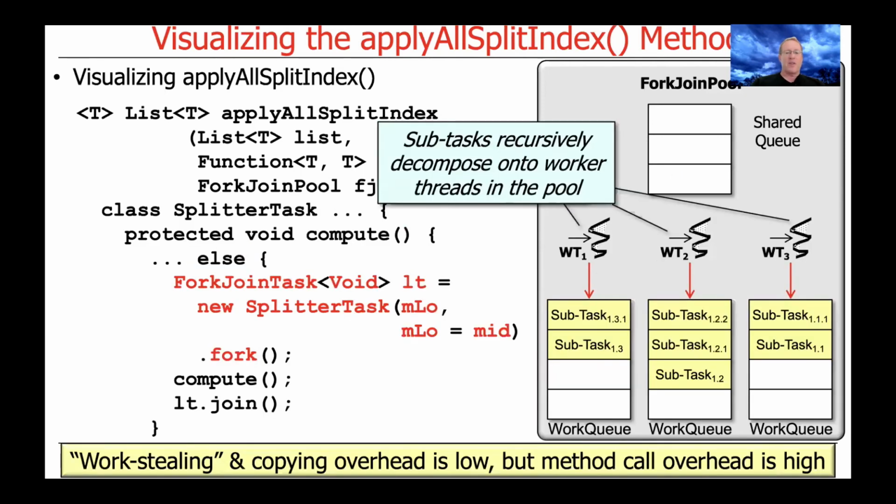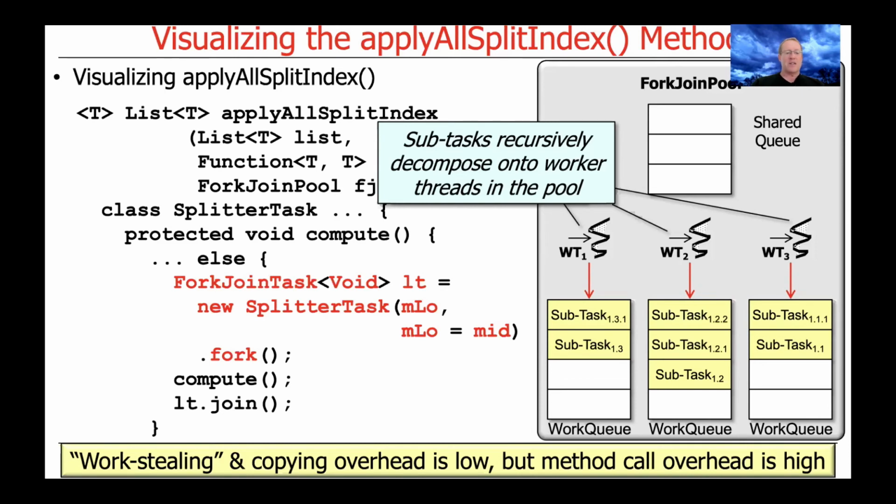At this point, things start to get interesting. When compute starts to run, notice we're forking, and that will be put onto the queue. Then when that runs, it will further fork, and that will typically be taken by a different thread. So we end up recursively decomposing all these subtasks onto the worker threads in the pool.